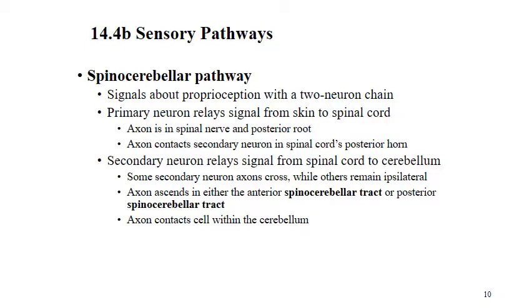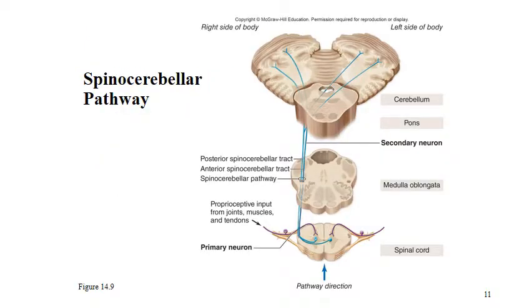All right, our third pathway, the spinocerebellar pathway. This signals proprioception, again with just a 2-neuron chain. The primary neuron is going to relay signals from the skin to the spinal cord, and then the secondary neuron is going to relay that information from the spinal cord to the cerebellum. So this is, again, much shorter, and we can see that primary neuron here coming in.